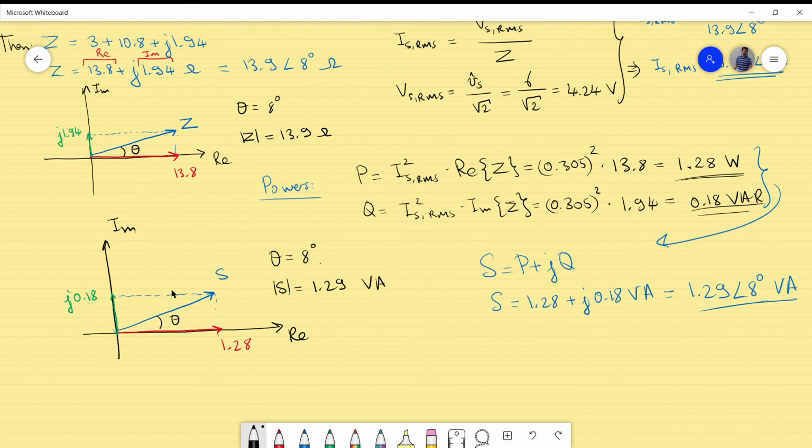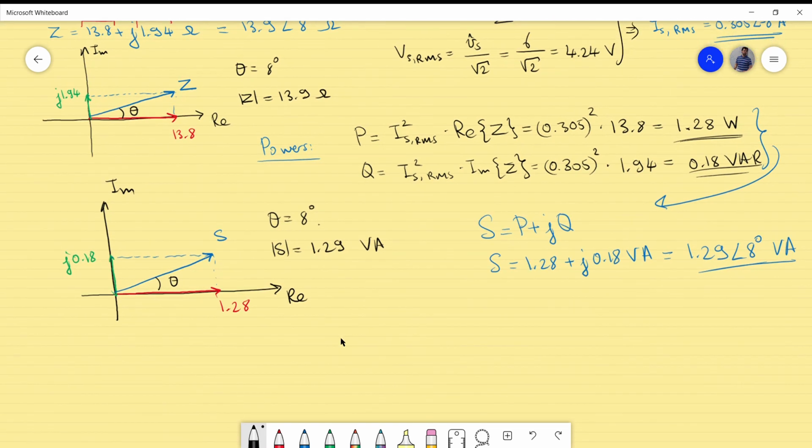Now let's move on to the last part, which is actually the power factor, which is not really difficult anymore. So power factor, which is lagging, we already know. So PF is equal to cosine of theta, and we already know it is lagging. So let's write it down.